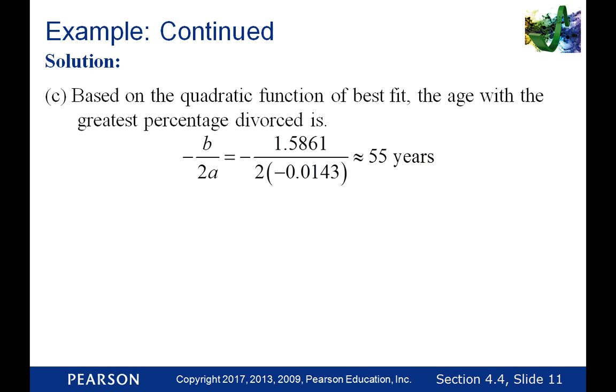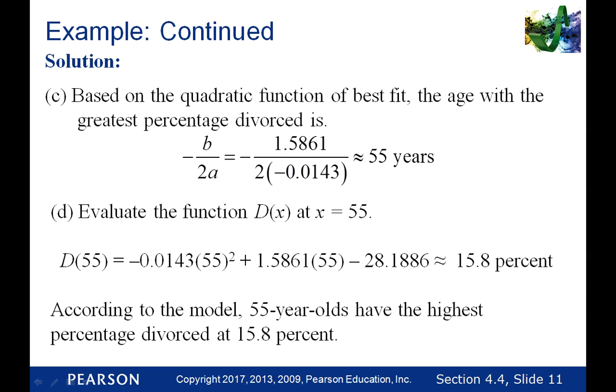You do that. Okay? And that means that at the age of 55, based on our data that we had, that's when the highest percentage of people were divorced. And that was at 15.8%. Rounding, they're obviously rounding there. Approximations.